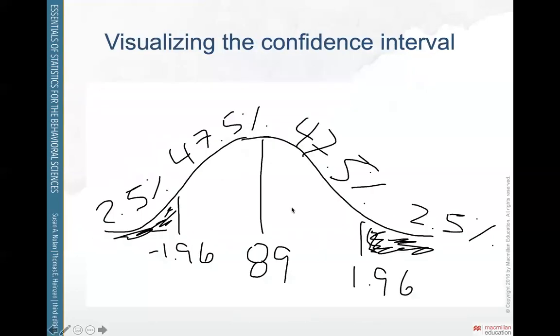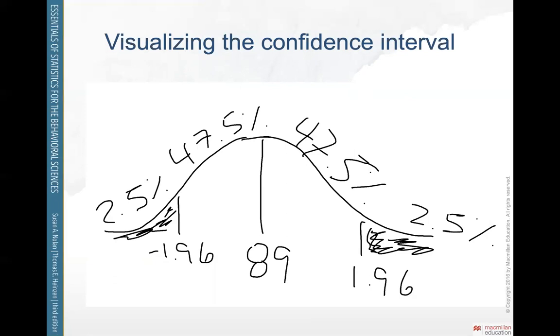What that would mean is 99% of the area would be in the center part, and then the two tails would only have 1% if you add them together. This tail would have 0.5% of the distribution in it, and this other tail would have 0.5%, because 1/2 plus 1/2 equals 1%. If there's 99% in the center, that means there's 1% total in the two tails, 0.5% in each tail.